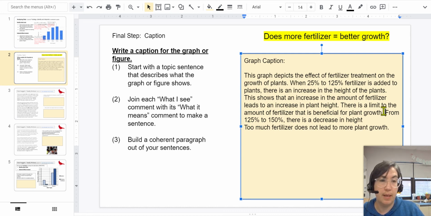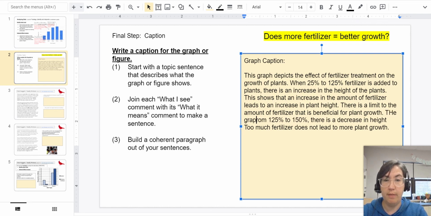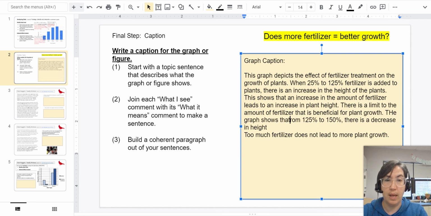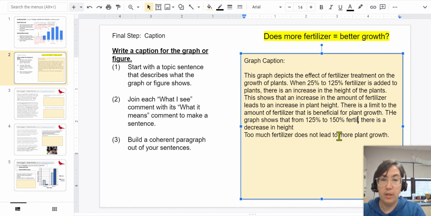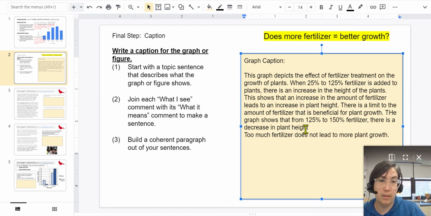All right, let's make that a complete sentence. There's a limit to the amount of fertilizer beneficial for plant growth. The graph shows that from 125 to 150% fertilizer, there is a decrease in plant height.